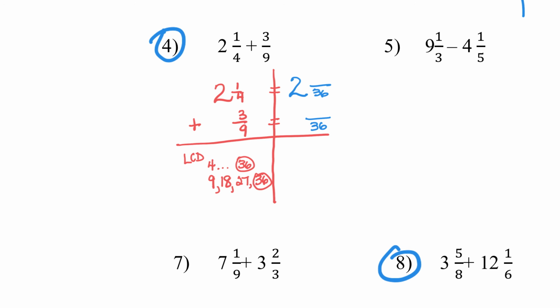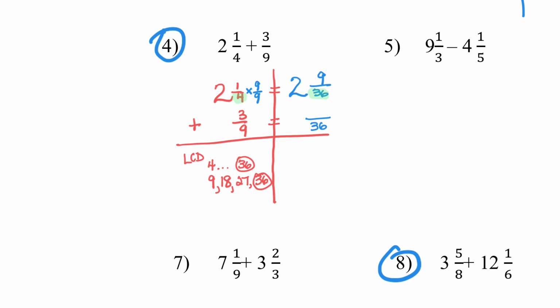Now, what do I multiply 2 1/4 by? 4, when I look at it, I say to myself, 4 goes into 36 how many times? That's right, it goes in 9 times. So I'm going to multiply 1/4 by 9/9. 4 times 9 is 36. 9 times 1 is 9.